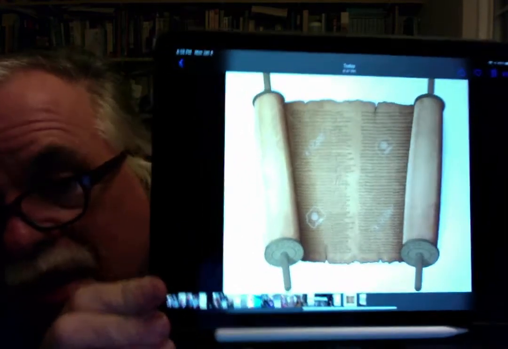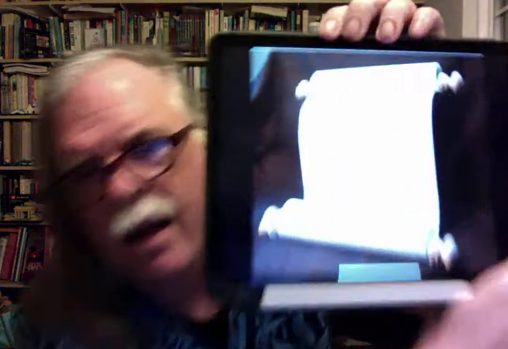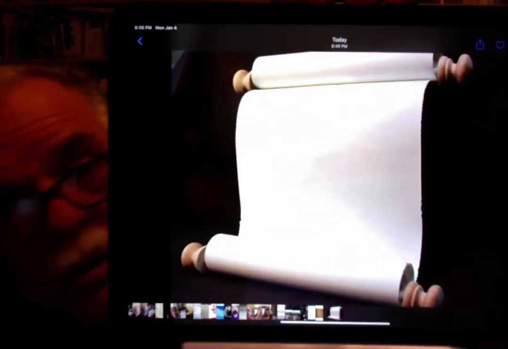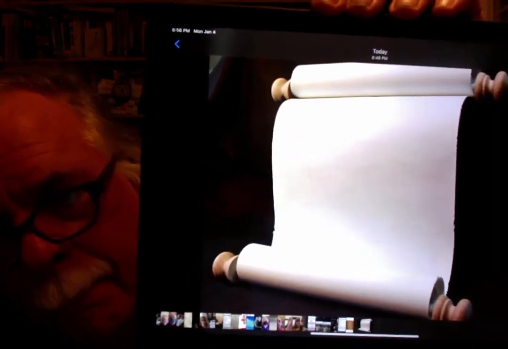And this is the way they did books for a long, long time. You can also do it this way. Up and down. So instead of rolling the paper across, you roll the paper up and down. Okay? All right. So that is called a scroll.